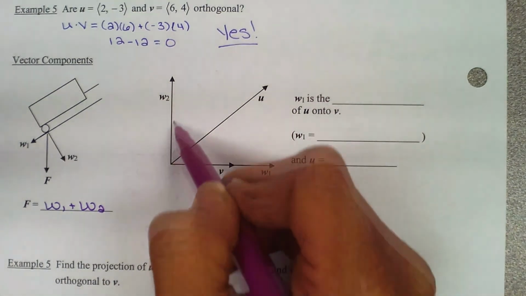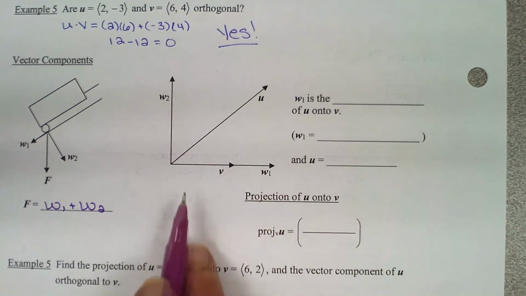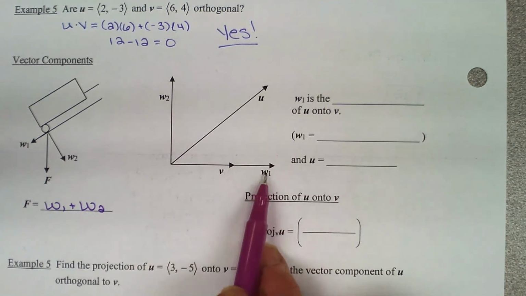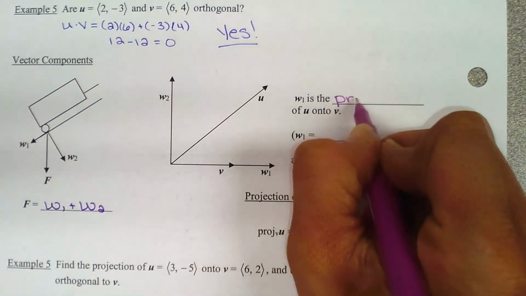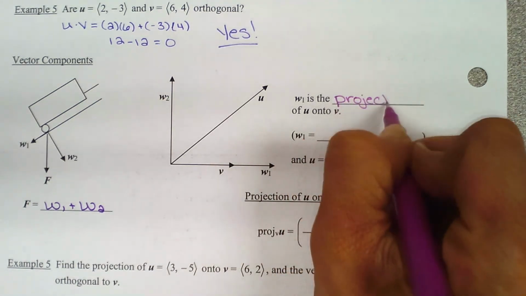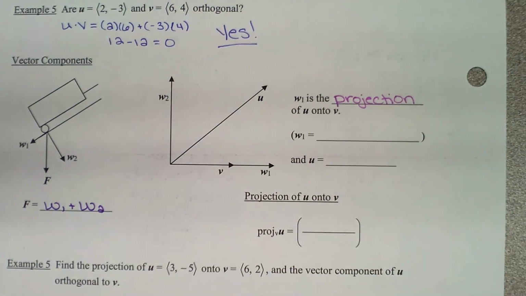Here I can see I've got a vector w and then a vector w1, which runs along v here. This w1 vector is said to be the projection of u onto v.